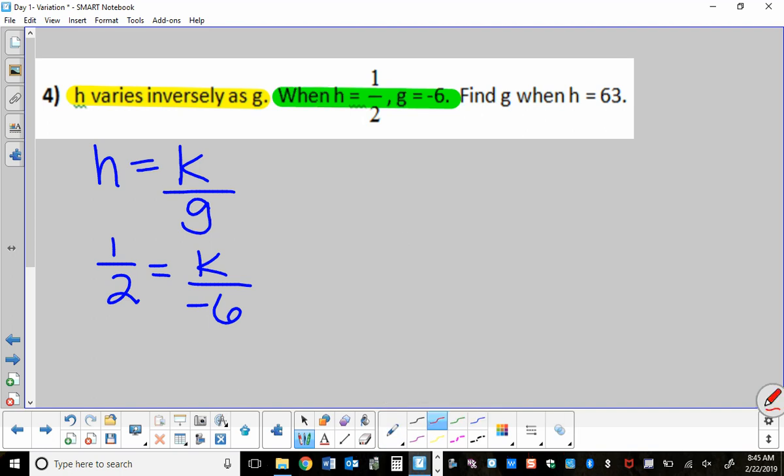Okay, so you can solve this the way we've been doing it by multiplying negative 6 to both sides. But I want to show you guys this. Do we see how this is already like a fraction equal to a fraction? So it's already a proportion. We can just cross multiply, right? So 2 times k is 2k, and 1 times negative 6 is negative 6.